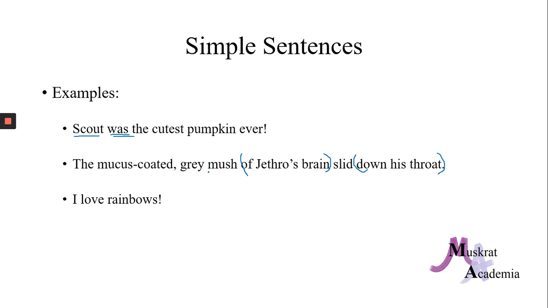Mush is our subject. And slid is our verb because that's the only verb there. Gray is an adjective describing mush, as is mucus-coated, and technically the as well, but we don't always say that as an adjective. All right, so we have mush, slid. That's our sentence. Then we put in all this fluff to make it sound really nice and pretty and wonderful.